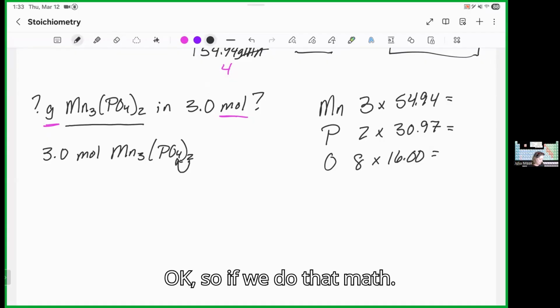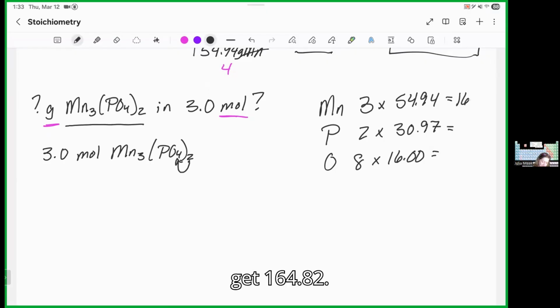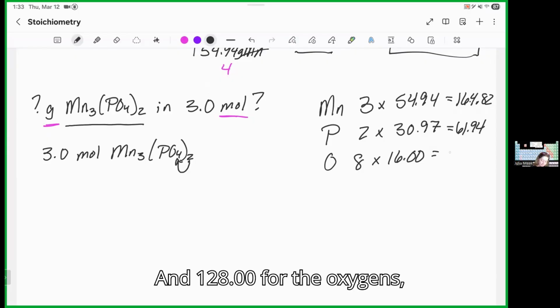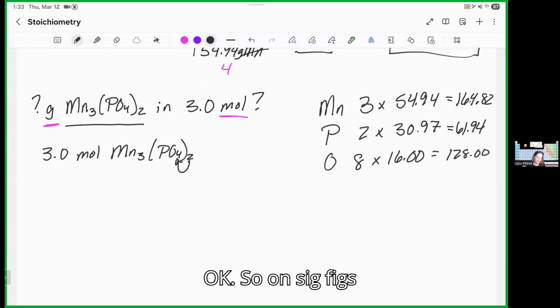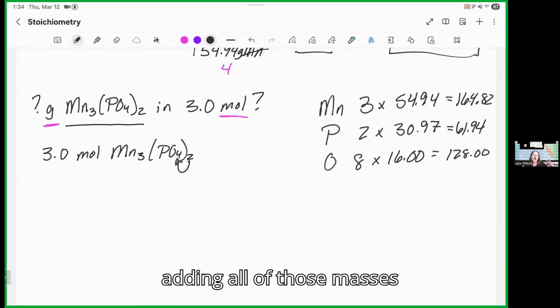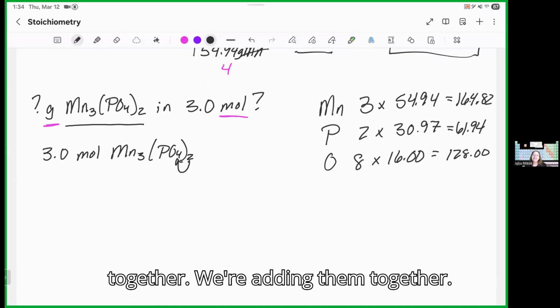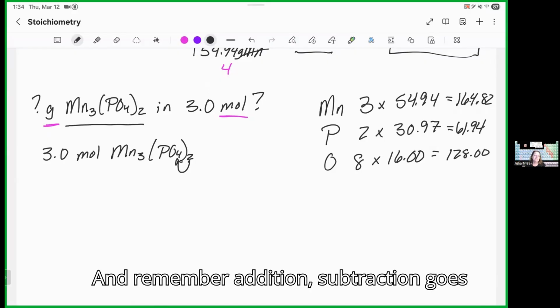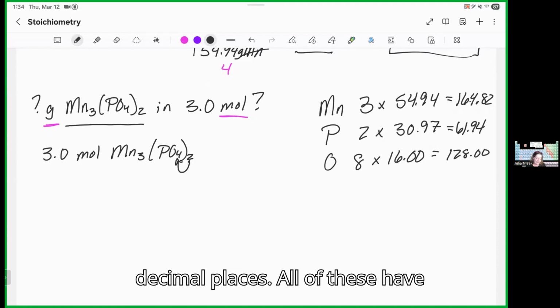If we do that math, I get 164.82 for the manganese, 61.94 for the phosphorus, and 128.00 for the oxygens. On sig figs, what we're really doing is adding all of those masses together. Remember, addition and subtraction goes by your least number of decimal places.